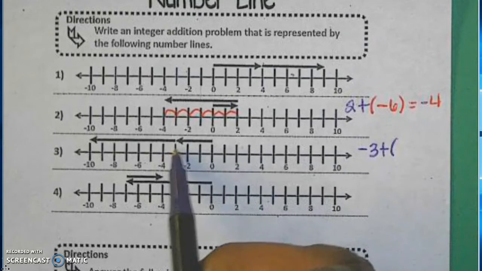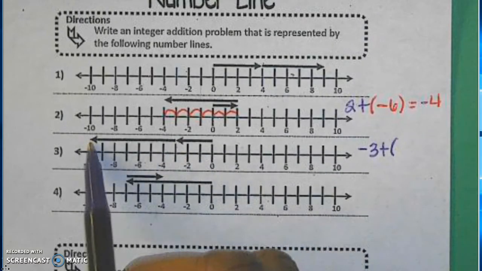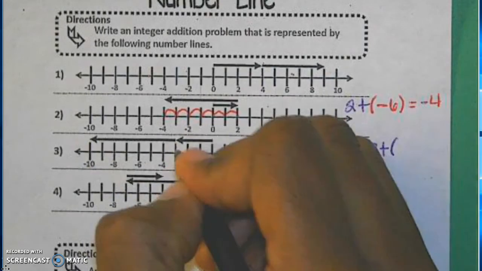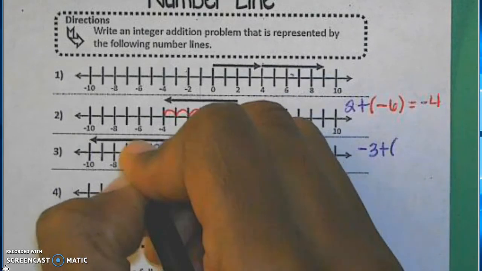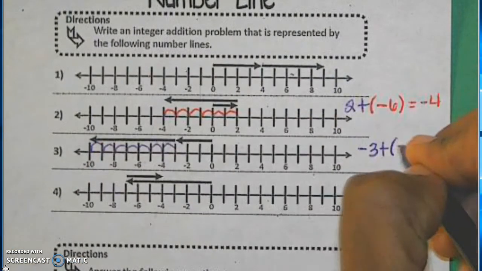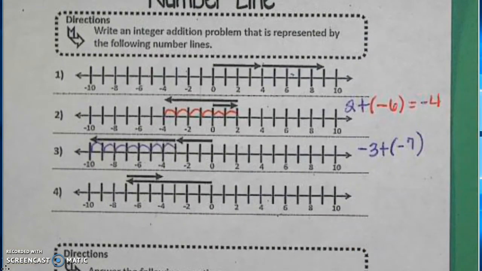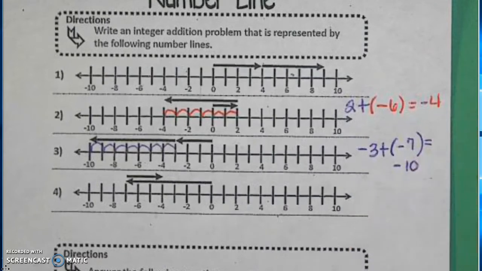And my second number picks up from negative 3 and goes all the way to negative 10. So how many jumps is that? 1, 2, 3, 4, 5, 6, 7. So negative 3 plus a negative 7, again, same sign, we add, would give me a negative 10 and keep the sign.